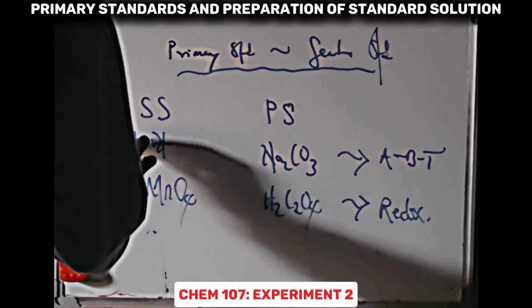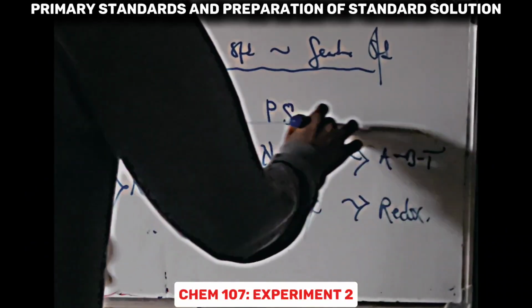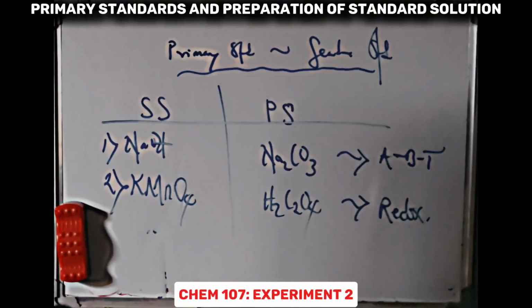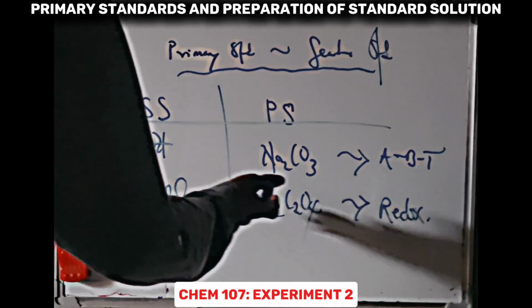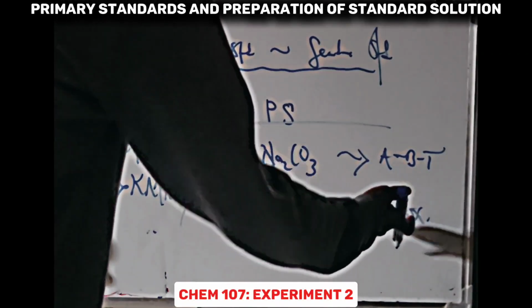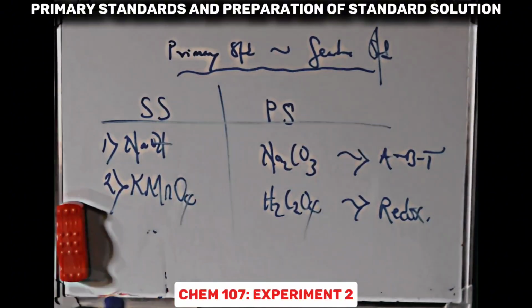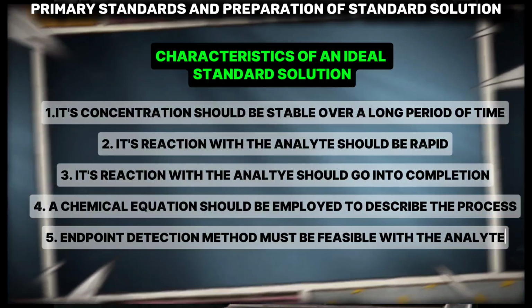So these are examples of primary standards and secondary standards. These are used in acid-base titration, and these are used in redox titrations. So that will be done later on.